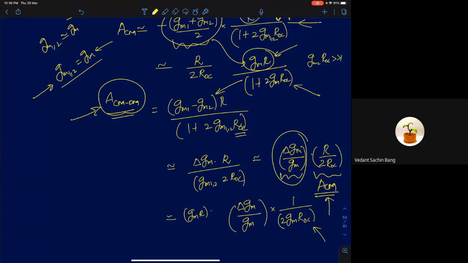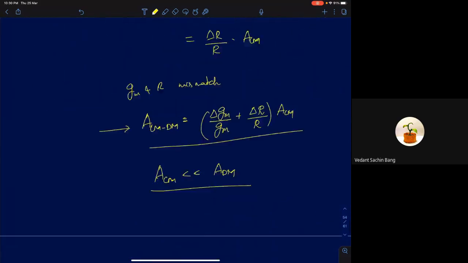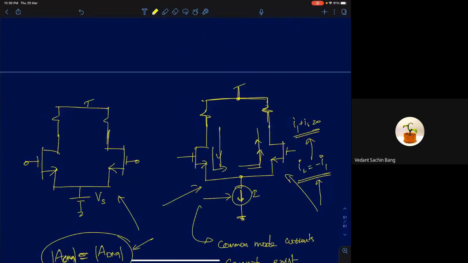Therefore, ACM-DM will also be much smaller for a current biased amplifier in comparison to a voltage biased differential pair. That's why a voltage biased differential pair is often referred to as pseudo differential. It's not really differential, it's pseudo differential.